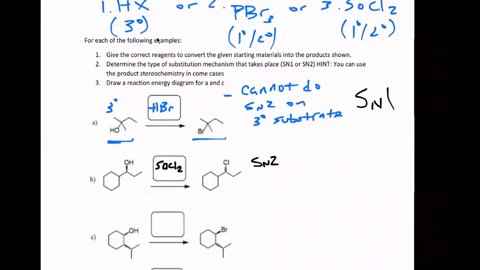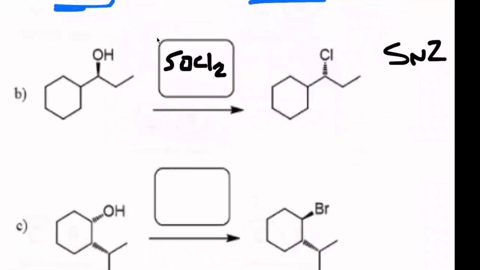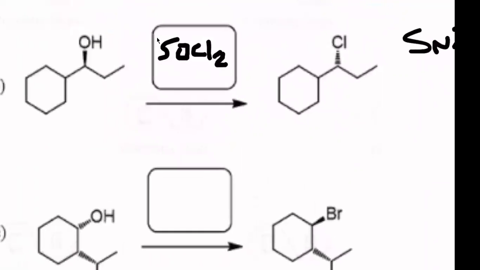And then what else gives that away? Let me see if you were paying attention at the end of class the other day. What else gives it away that it is SN2? It's on the secondary alcohol. Yeah, that's one clue.